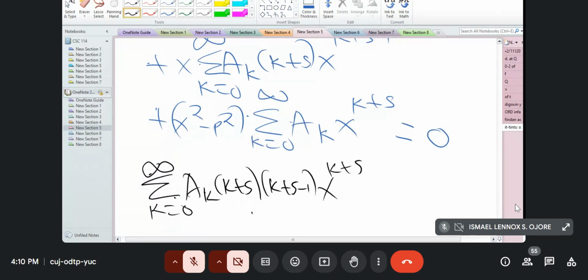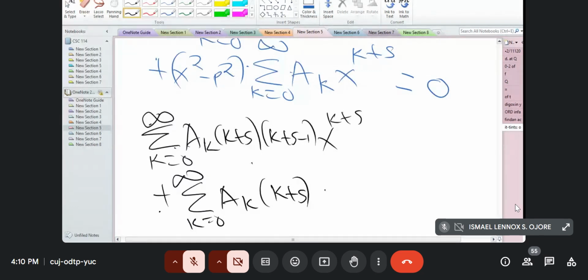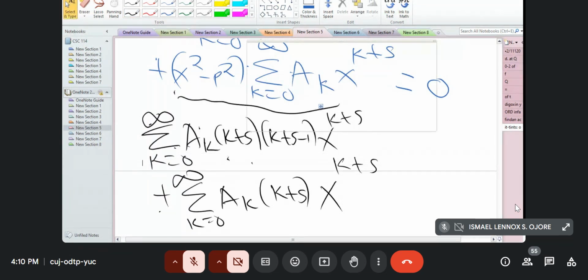For the second term, combine the a_k, x's together: a_k, k plus s, and then x to the power k plus s. For the last term, we need to distribute the x squared minus p squared. Distribute, combine the x's together, term by term.